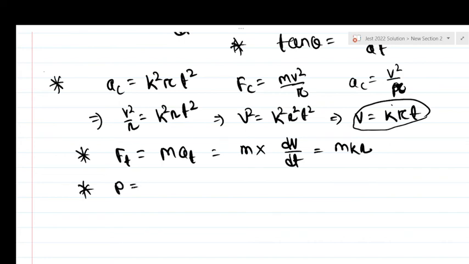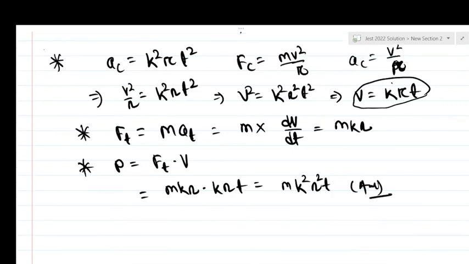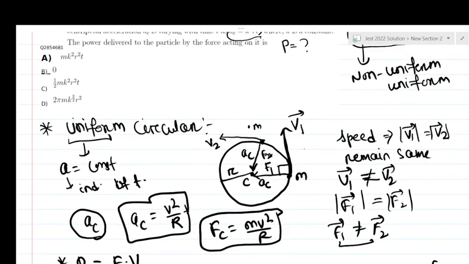So the total power is equal to the tangential force into velocity. The tangential force is mkr and the velocity is krt. So the total will be m k square r square t. This is the answer, the power delivered in non-uniform circular motion.